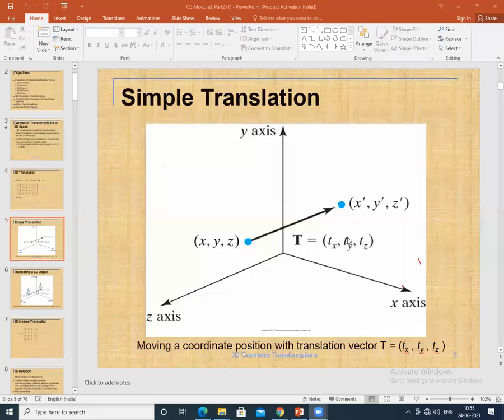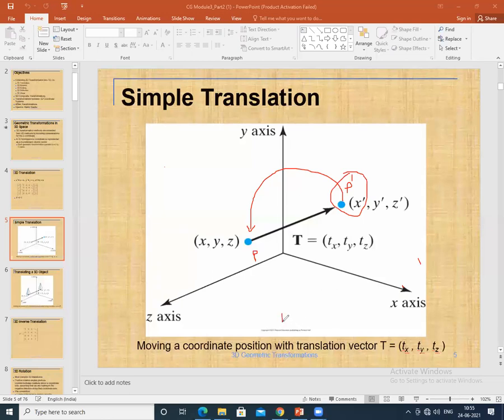This is a translation from x y z to x dash y dash z dash. Again, if you want to bring this point back to the same position, if this is the new p dash, this is p, so you have obtained p dash.